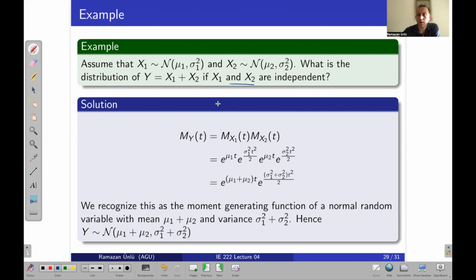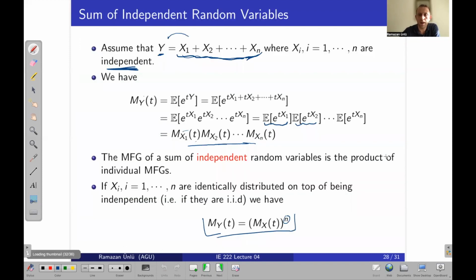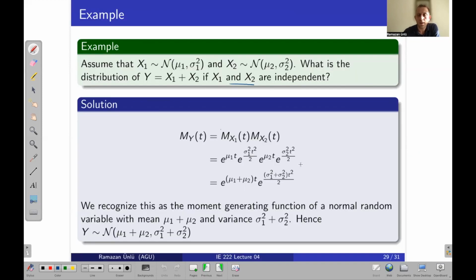And we know the moment generating function of the normal distribution. We just put the parameters: e to the mu1 times t times e to the sigma squared 1 times t squared divided by 2, and we did the same thing for the second one.